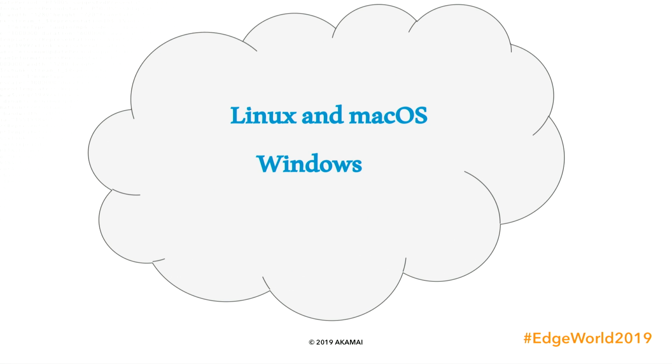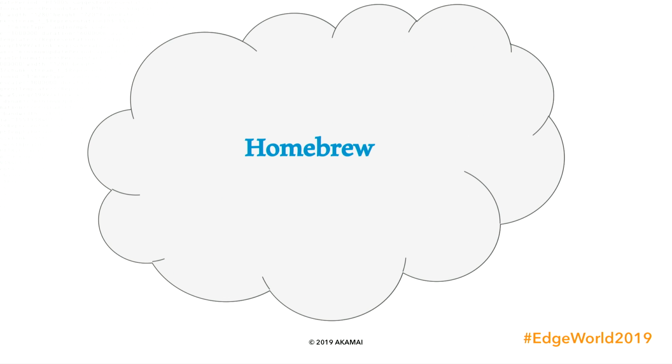You get the .exe file in developer.akamai.com, go ahead, move it to the right folder, and then you can start working with Akamai CLI. If you are a Mac user, you have an additional offering where you can use it through Homebrew. So if you have Homebrew installed, you can just say brew Akamai install, and it'll install the Akamai CLI for you.